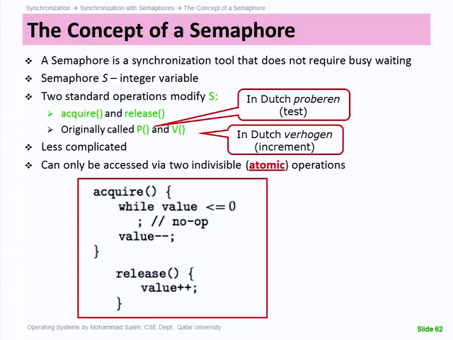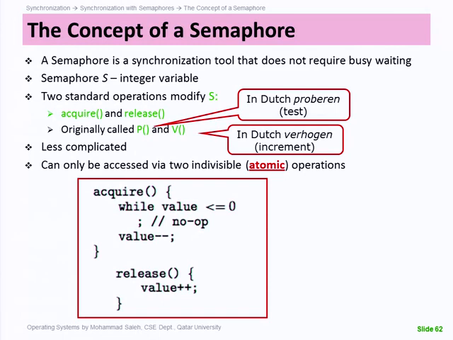By acquiring a resource, the system will be allocating a resource to the process, which means the number of resources with the system will be less one. That's why acquire decrements the value of the semaphore, because it gives away one instance of the resource to the process requesting it. And release does the opposite.